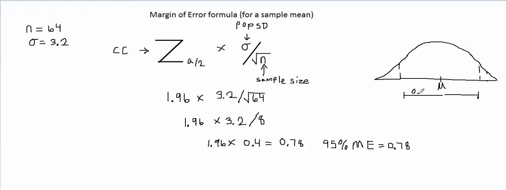And we're going to imagine that this dotted line is 0.78 below the population mean, and this dotted line is 0.78 above the population mean. And this number is just the 95% margin of error.